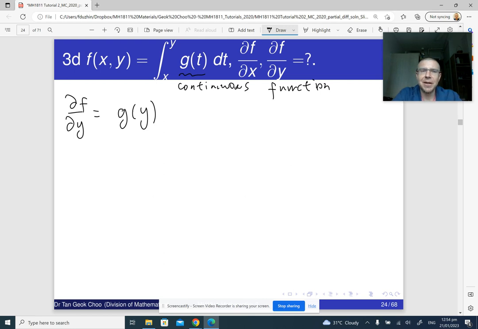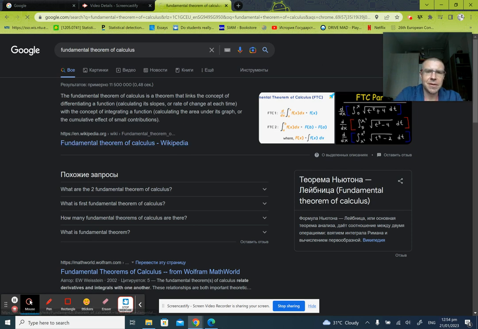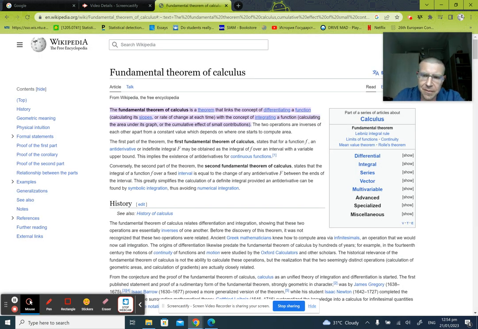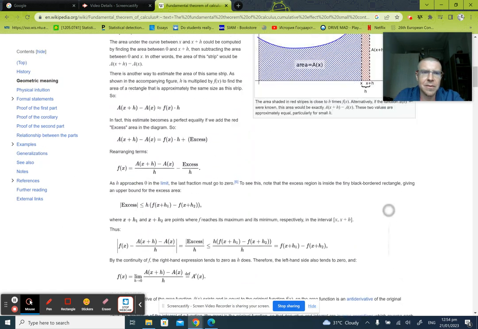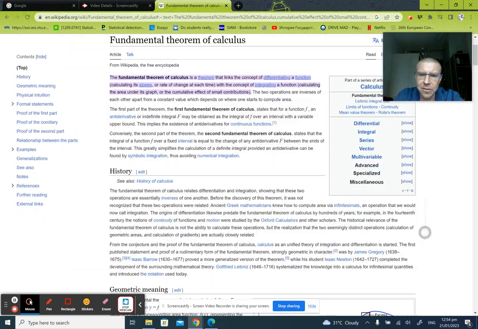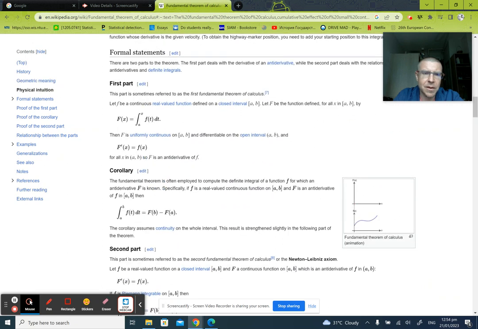If we compare it to Wikipedia, let me see, the geometric meaning part.